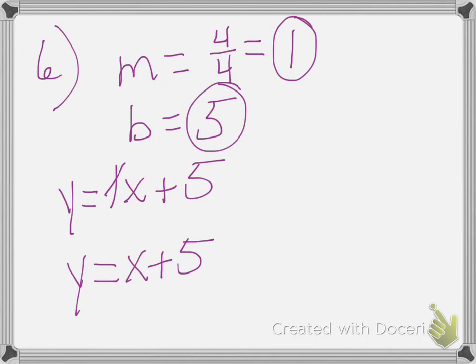And we'll do that on the next 2 pages as well. Find your slope first, then find your y-intercept. Actually, find your y-intercept first, then find your slope. Then you're going to take what you get and plug it into the equation.